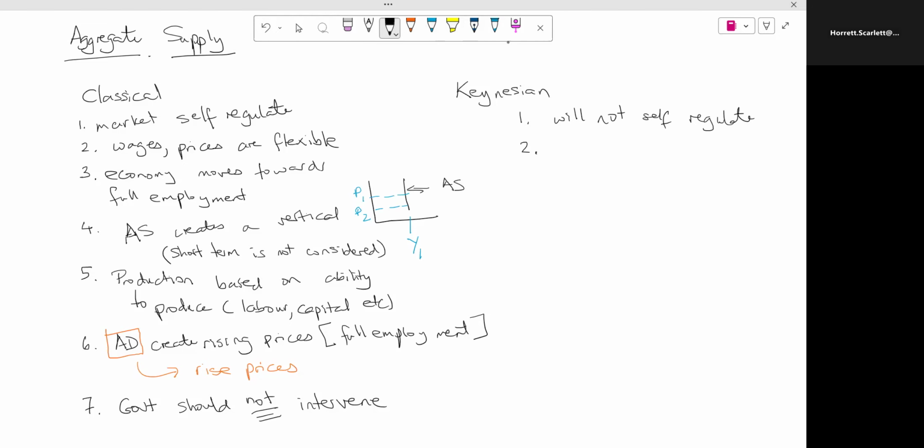He's also saying that wages and prices are sticky or inflexible. The point he's making here is that when persons have wages at a particular price point, then nobody is going to be willing to accept wages at a lower price point than that.